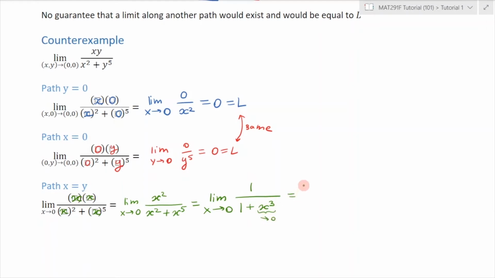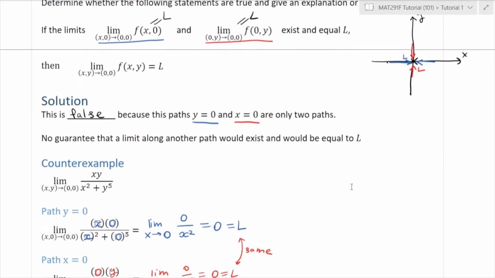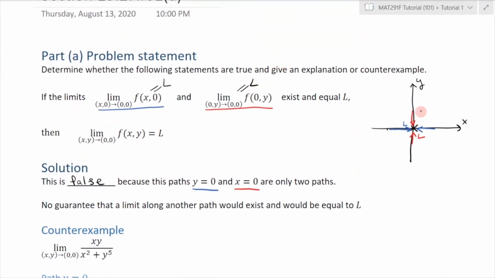So then we get 1 over 1, which is 1. So you see, this is a different limit. So this counterexample shows that by considering some other path, we can easily find an example where the limit is different.